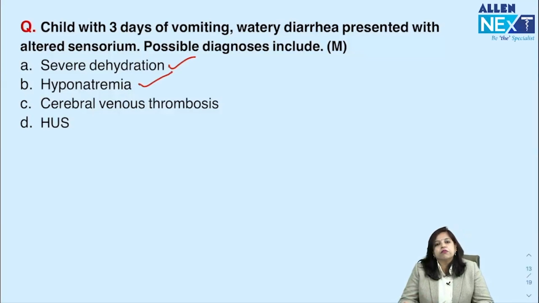Hyponatremia is very, very well recorded to be the cause of altered sensorium in children presenting to you with acute gastroenteritis. And of course, cerebral venous thrombosis, this usually follows a bout of dehydration, especially in children who have some underlying disorders which have a prothrombotic state existing along with it.